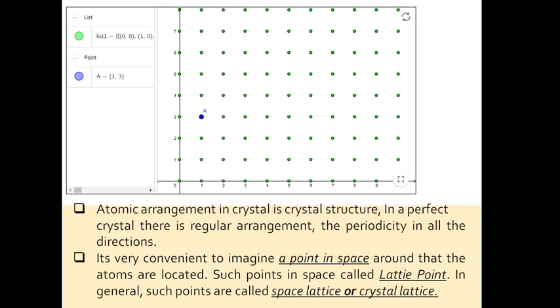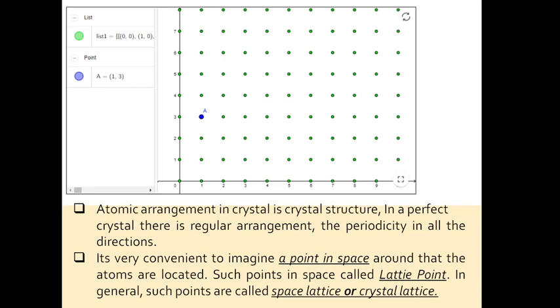And if I want to visualize that in space, then these kinds of patterns will be supported by a coordinate system or a periodic arrangement in directions in space, and this is known as a lattice.